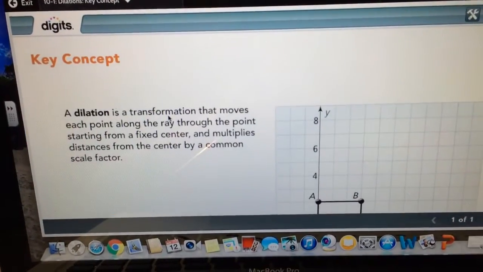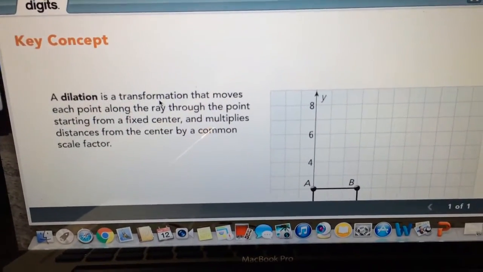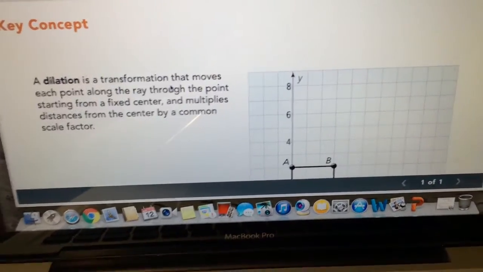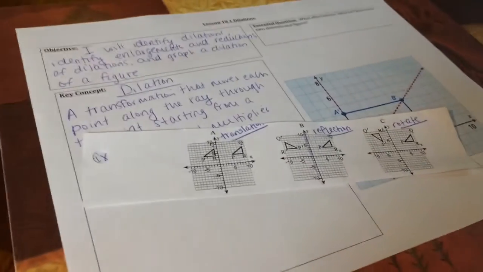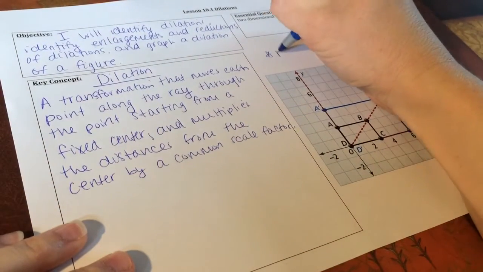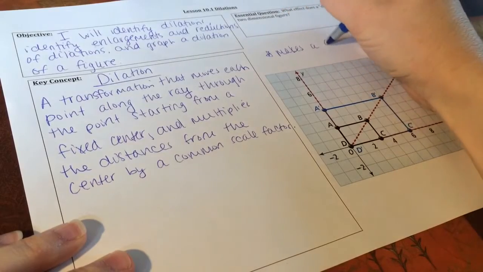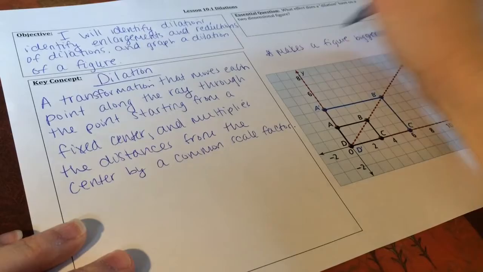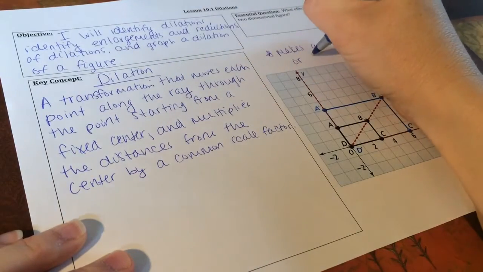But a dilation makes a figure either bigger or smaller. So let's take a note on that right here, that a dilation makes a figure bigger or smaller.